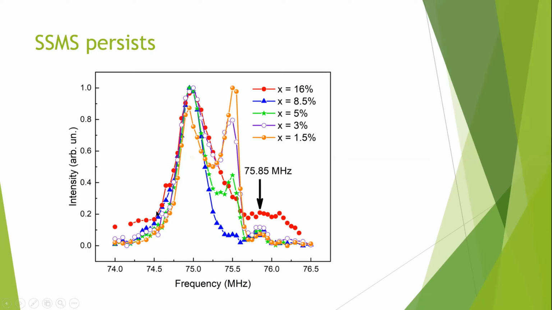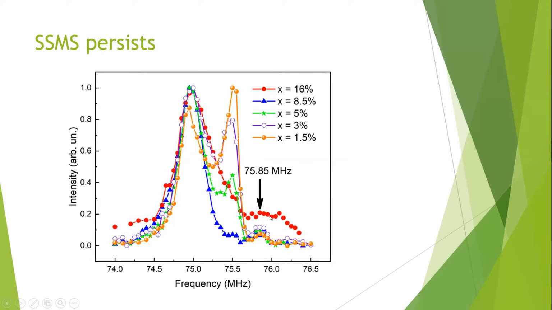And when we look even at the red spectrum, the 16% spectrum, we see that the left border of this spectrum coincides with the smaller doping, the less doping, and it's broadened to the right, which tells us that the spatial spin modulated structure is present even here at 16% doping.